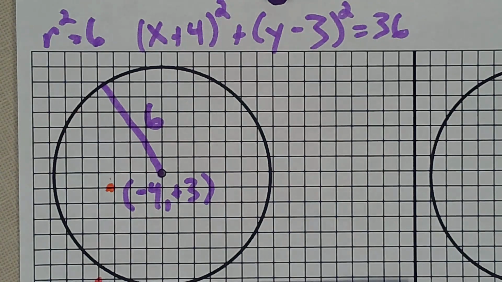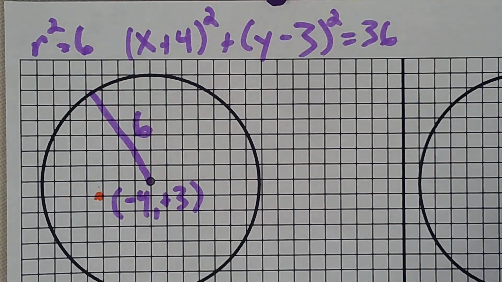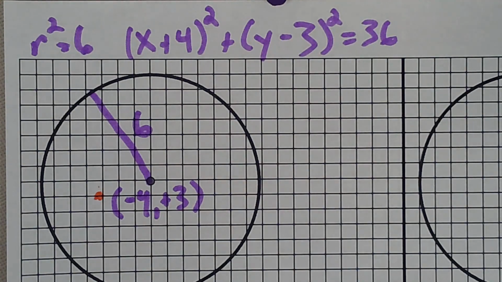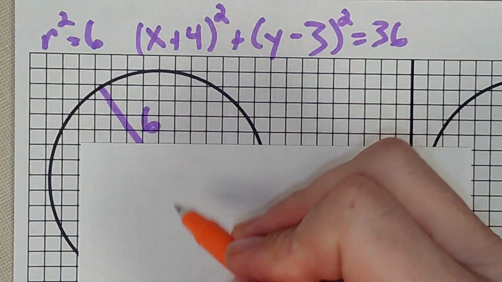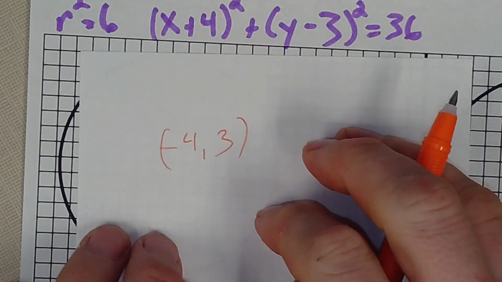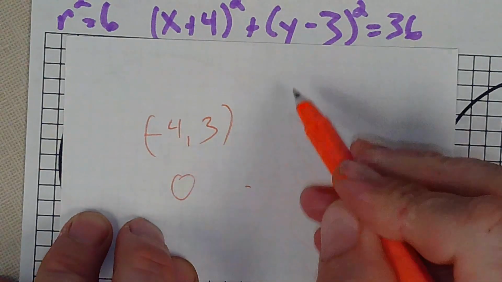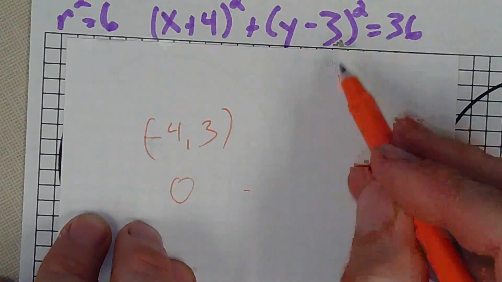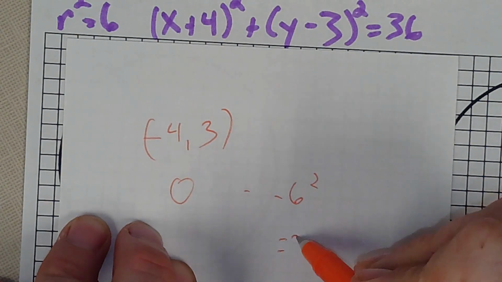Okay. And then the last one we do is -4 and -3. All right, so we just plug those in here. That makes that 0, and then -3 minus 3 is -6, which squared equals 36.